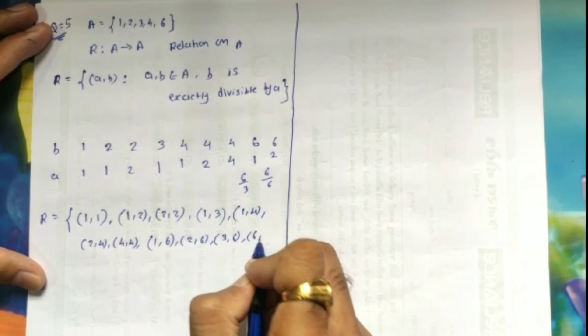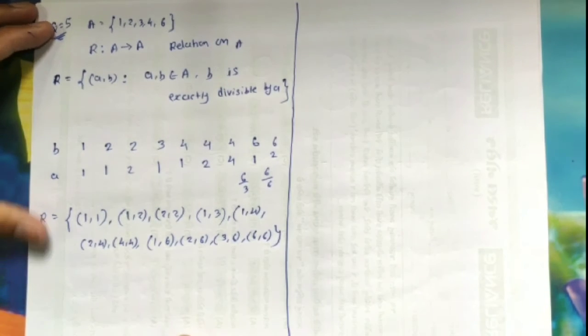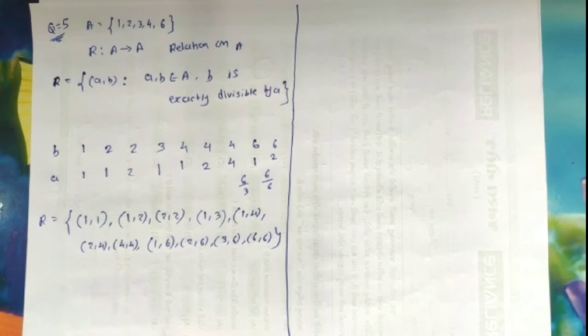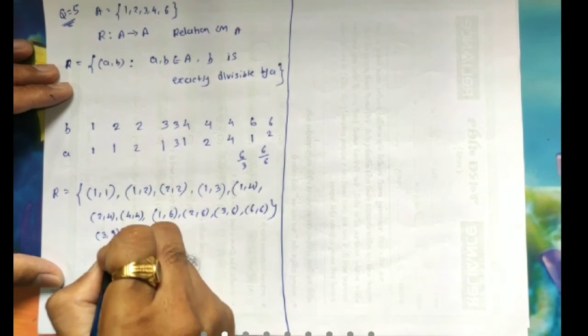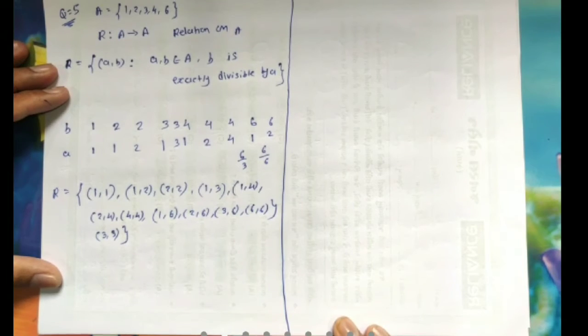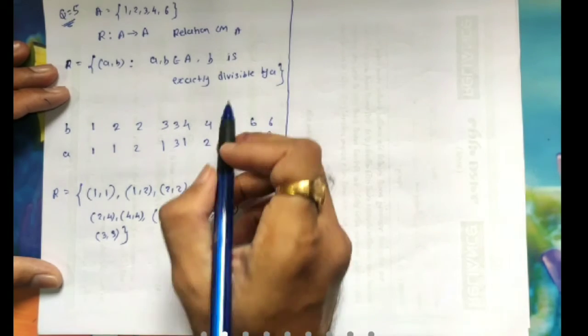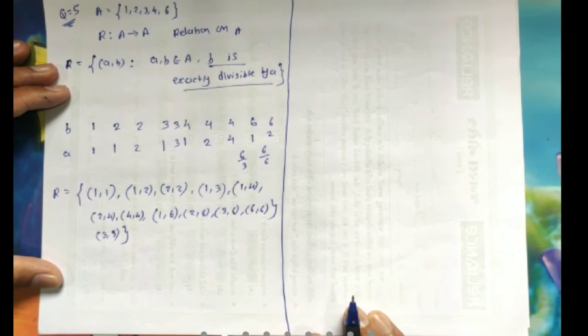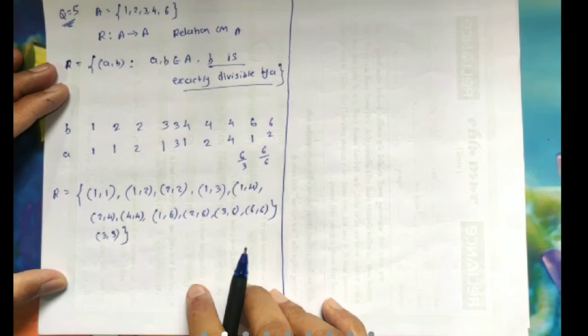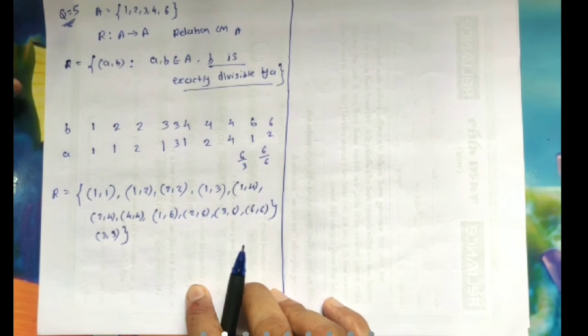So these are all the possible ordered pairs. Again, 3 can be divided by 3, so it's (3, 3). So these are all the ordered pairs which satisfy our condition: B is exactly divisible by A. Clear, students? Thank you.